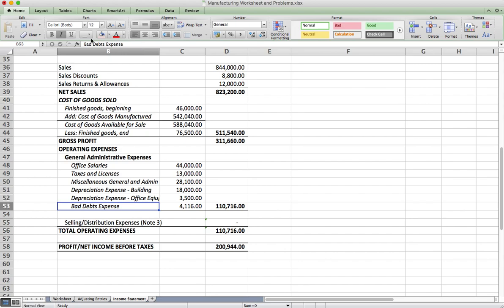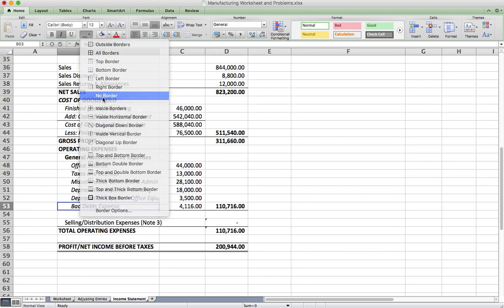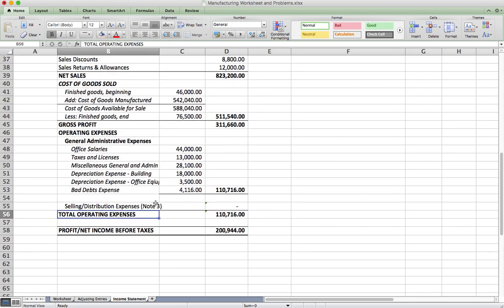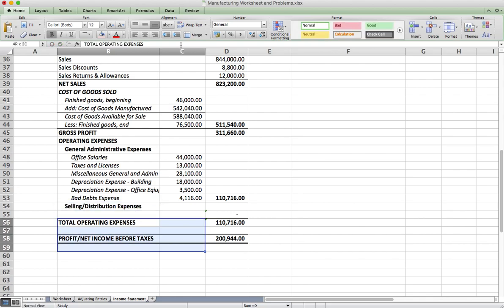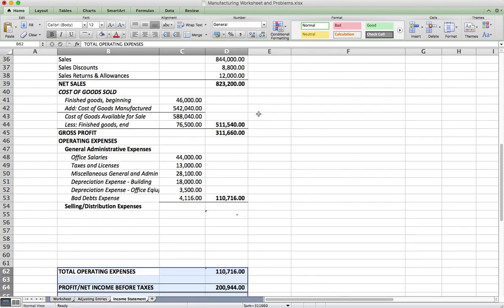And then selling expense naman, selling or distribution expenses, lagyan natin siya dito. Tatanggalin natin yung note. Tapos, okay.